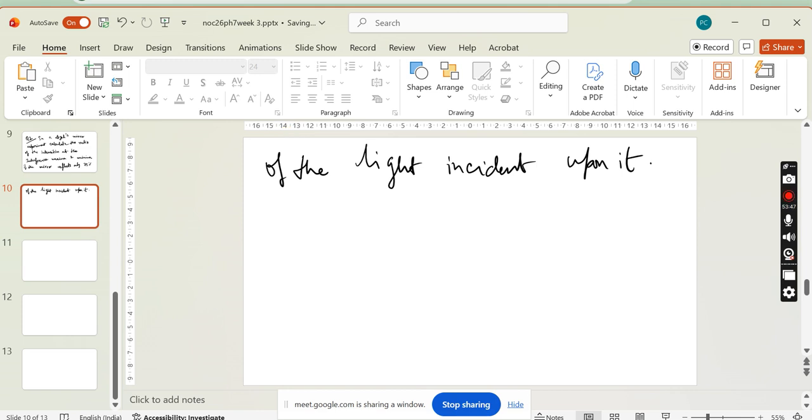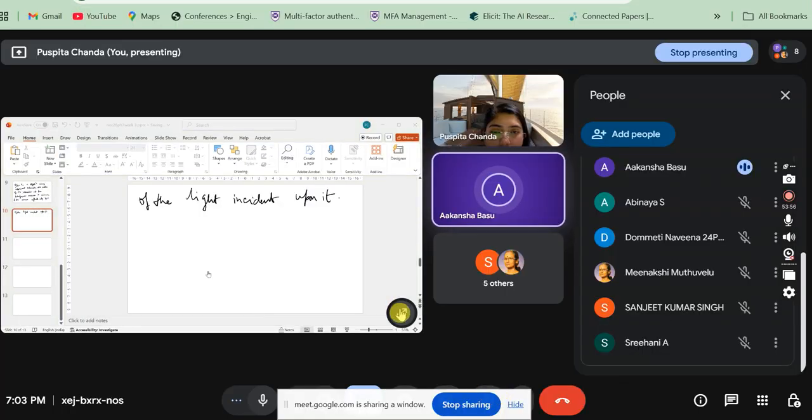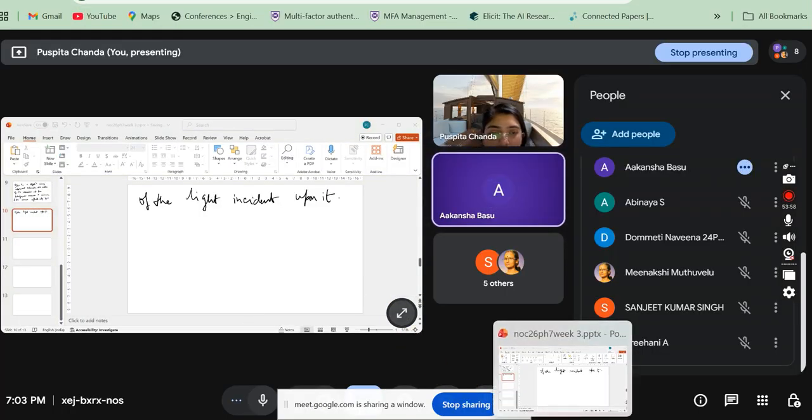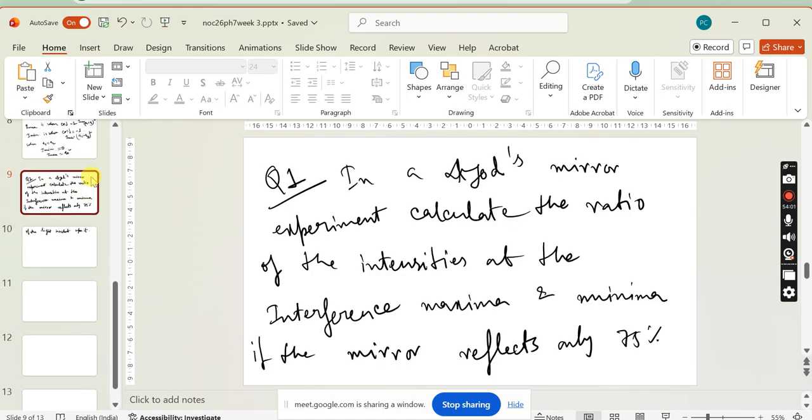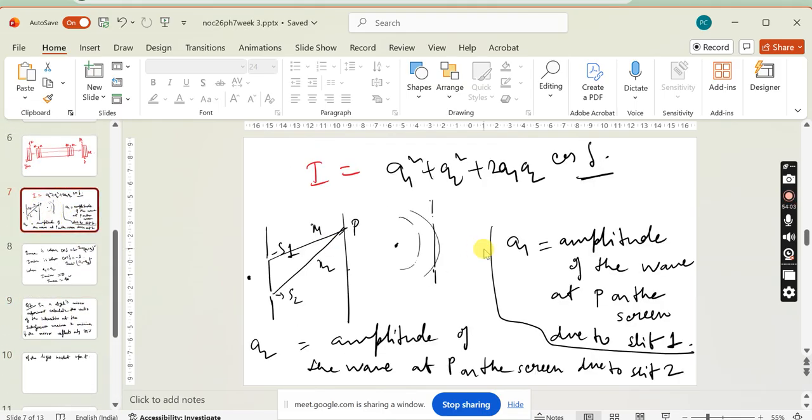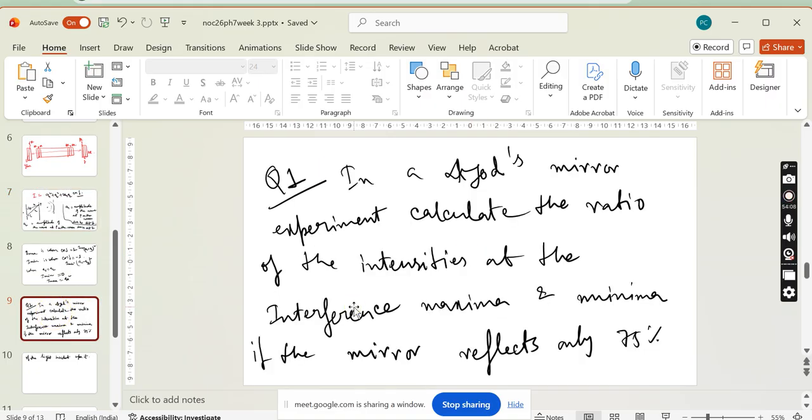We don't need to know what the Lloyd's mirror experiment is. Ma'am, can you please go to the previous one? Here? Yeah. What is your question? I just want to see the question.